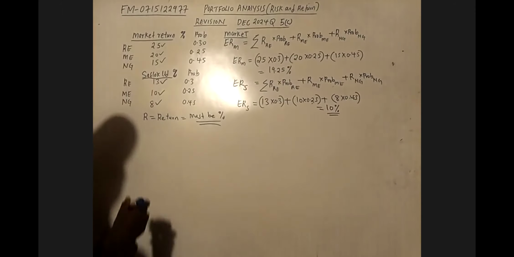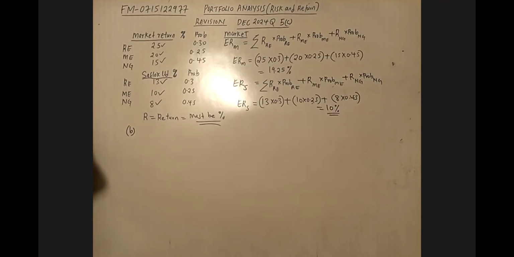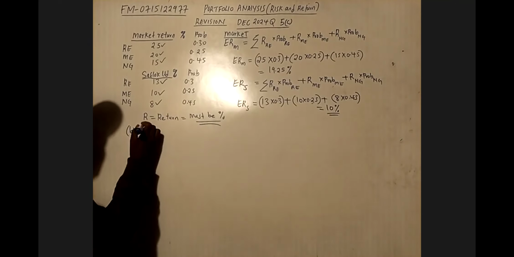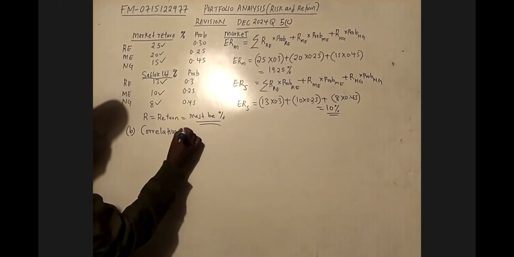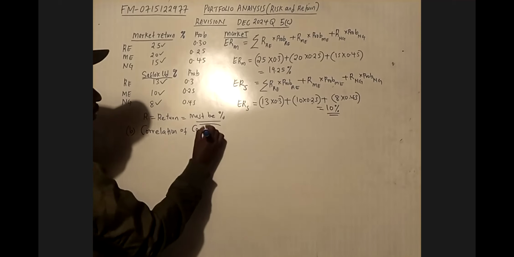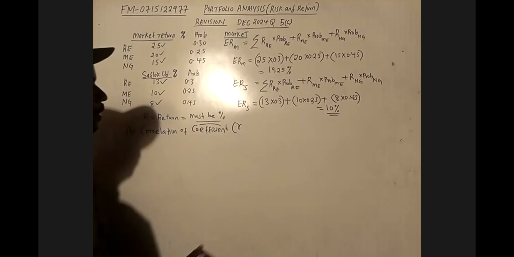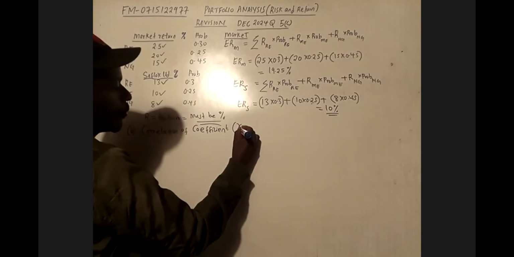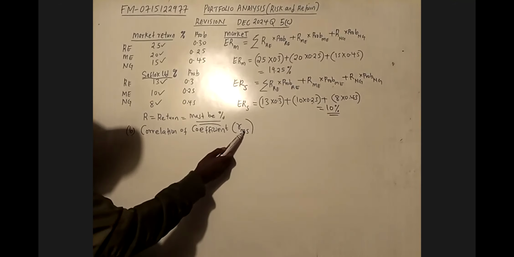So that's part A. Part A required us to compute the expected return for the two markets. Number two, we're supposed to compute the correlation coefficient, which is given by R of M and S. M means market, S means surplus.